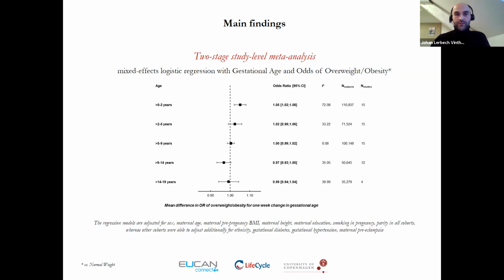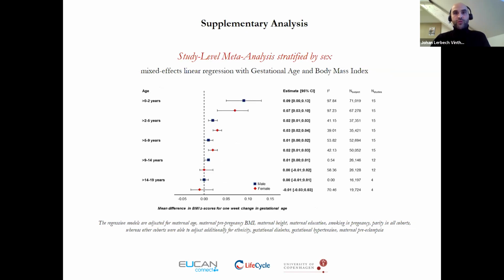Only 4 studies have data between 14 and 19 years, but looking at the 4th period between 9 and 14 years, we have 12 studies and approximately 50,000 people. So these are the 2 main results, and then I've stratified by sex to see whether this gives any more information.